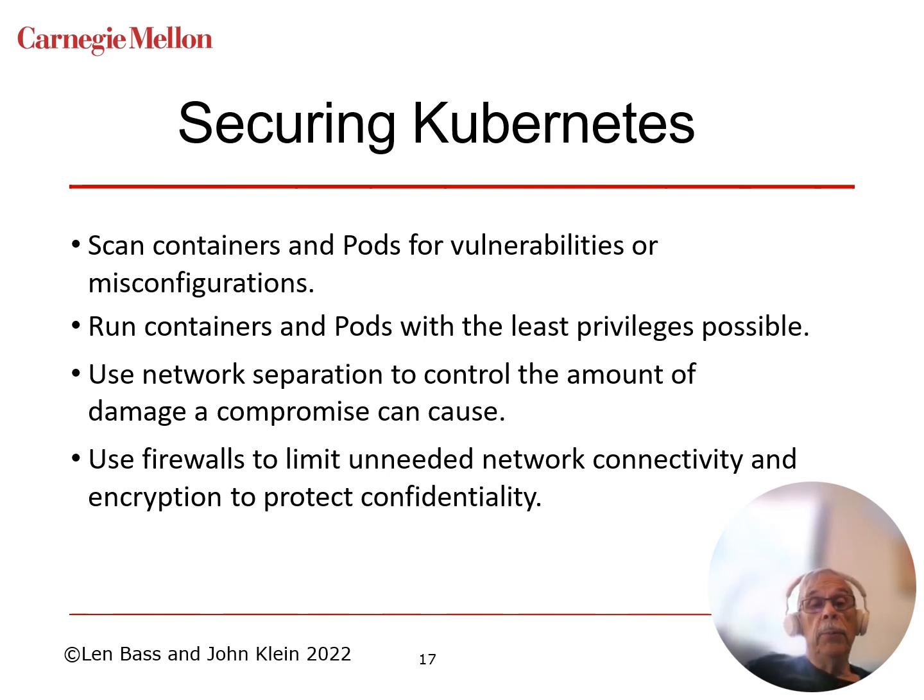You want to put firewalls in the network so you can control the amount of damage. If one of the Kubernetes containers gets compromised, you want to put in a firewall with appropriate rules so that you can essentially isolate it.